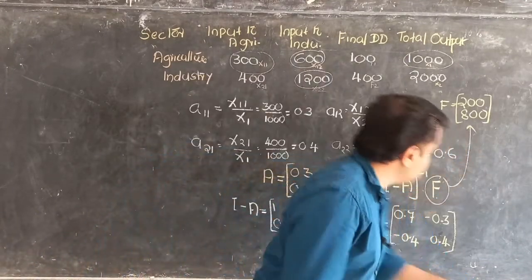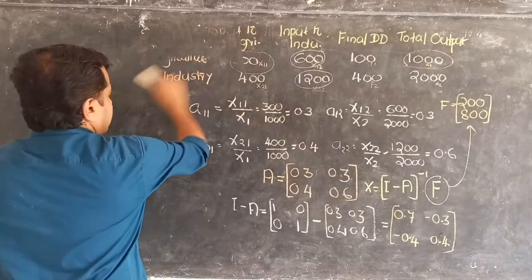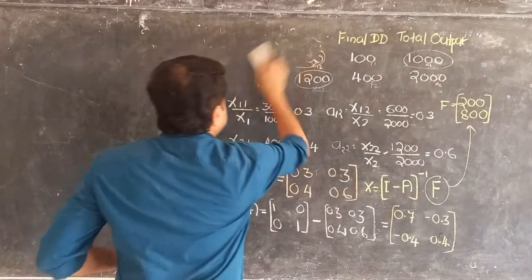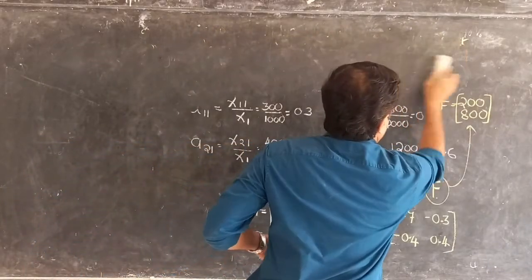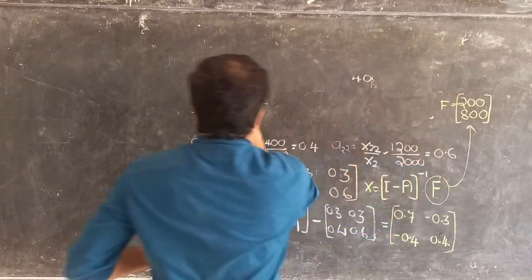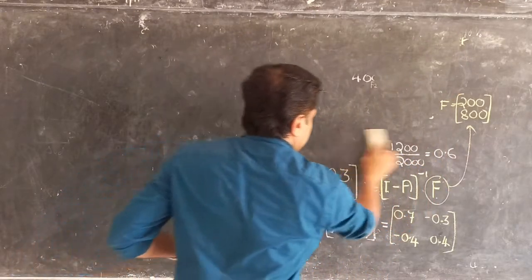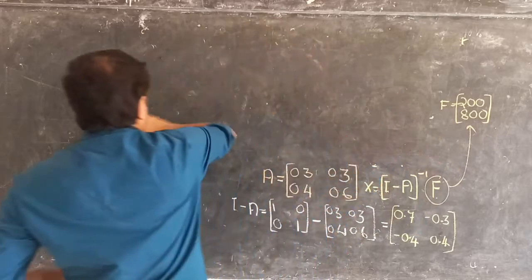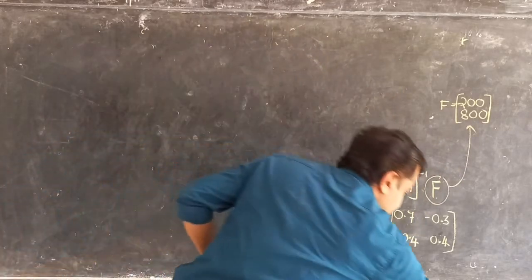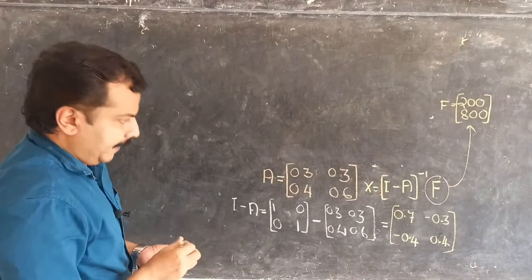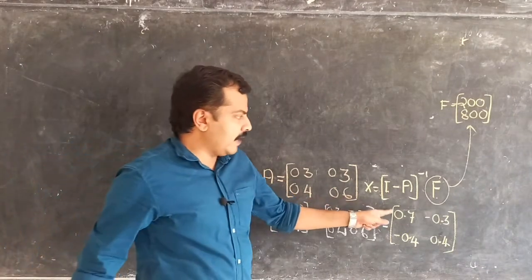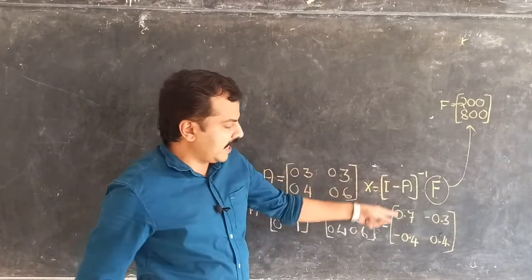Let me remove this equation from here. We already had F, so we remove all these things about how to calculate the technological coefficient. We have the I minus A, and our task will be to calculate its inverse.